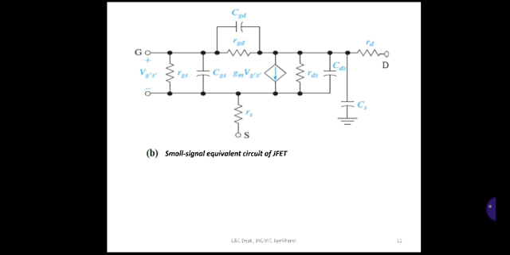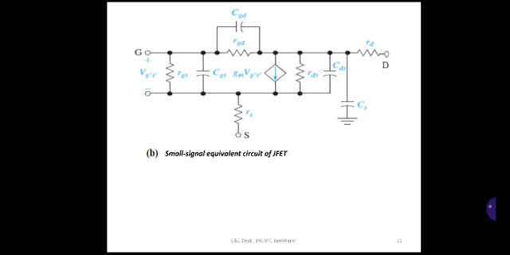Next come RGS and CGS. RGS is the gate to source diffusion resistance, and CGS is the junction capacitance.